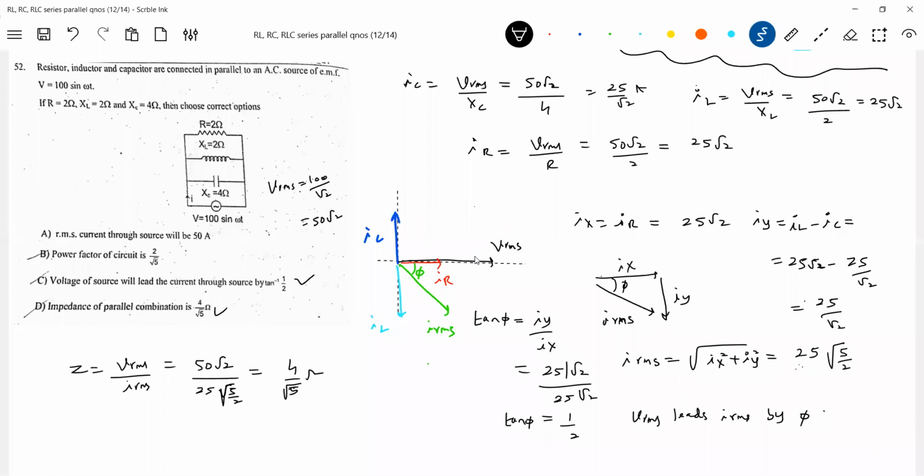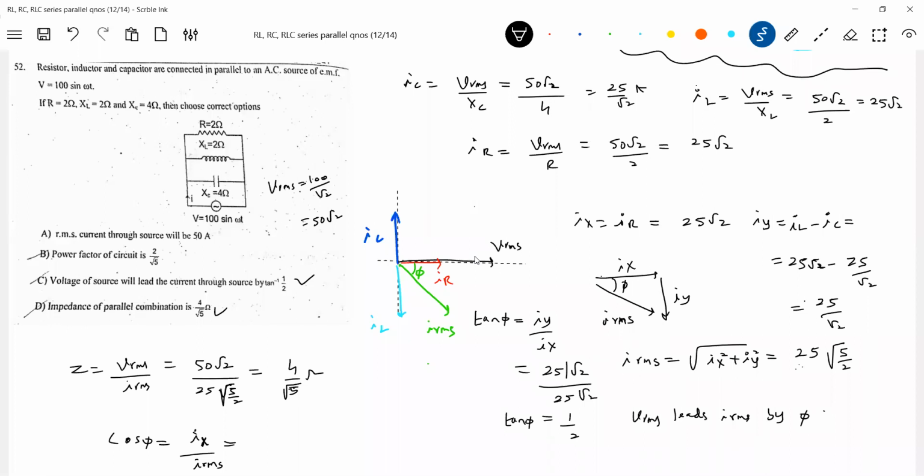Power factor of the circuit. How should we define the power factor of the circuit? Cos phi. Cos phi will be Ix by IRMS. This is something very important. Otherwise, I used to write R by Z or VR by VRMS, but here it is Ix by IRMS, for parallel circuits.